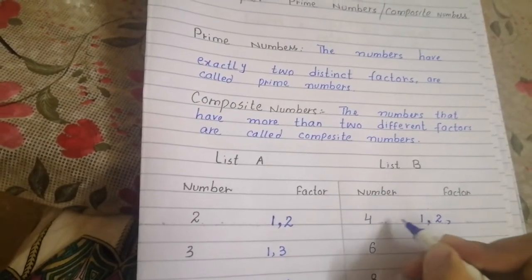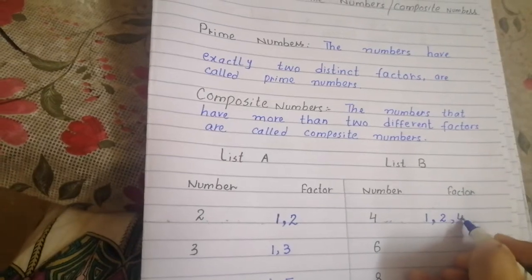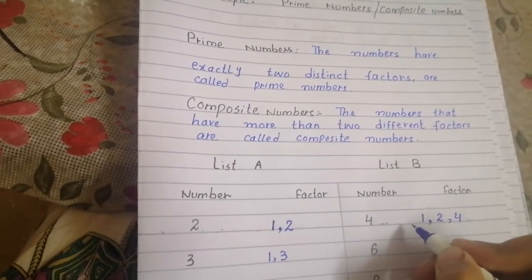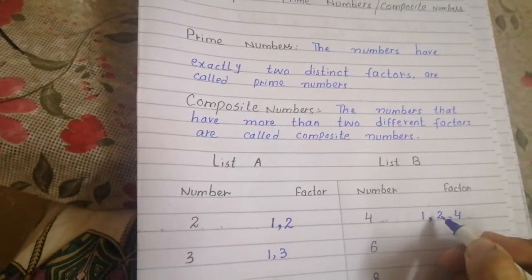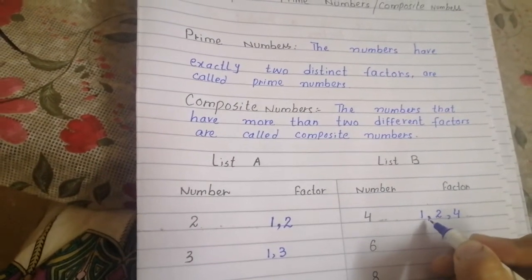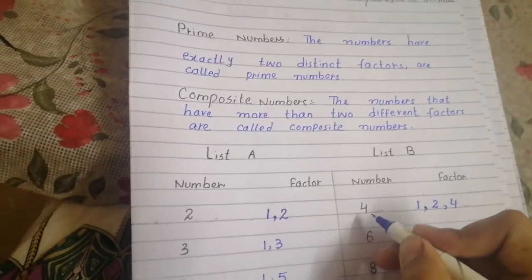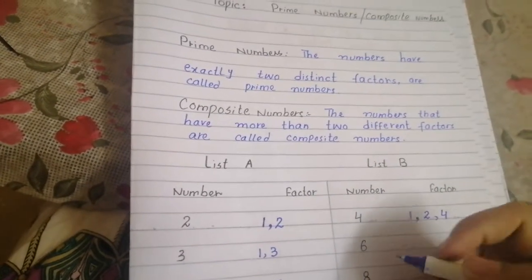Then 4 comes on the table of 4. 4 1s are 4. So you can see that in this case the number has more than two factors. Here the factors of 4 are more than two: 1, 2 and 4. It means 4 is not a prime number because it has more than two different factors.